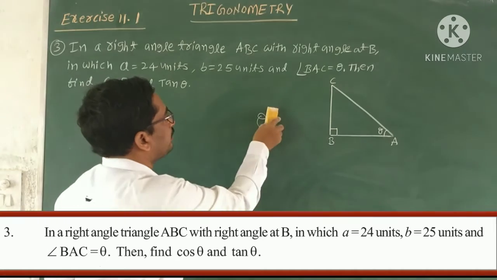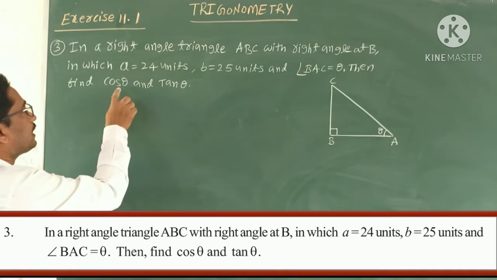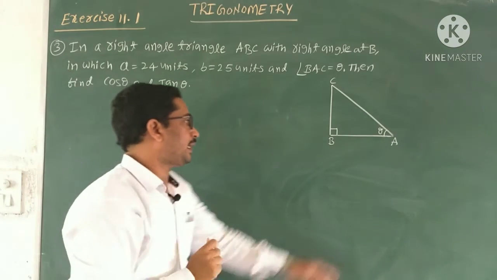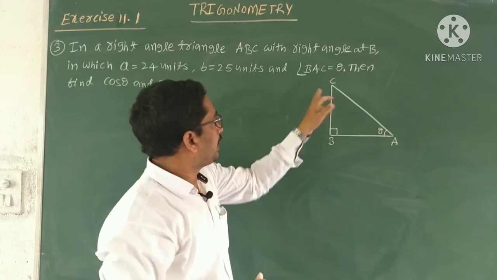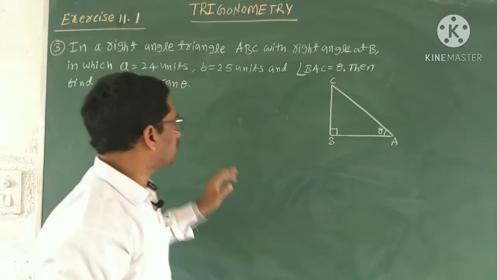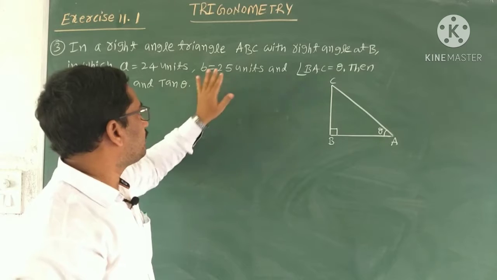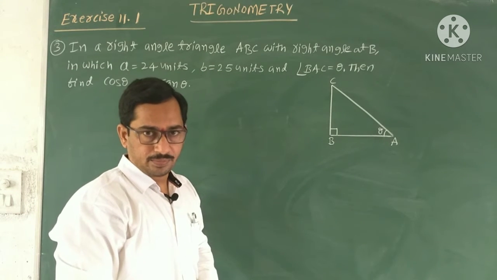So angle BAC is given theta, then find cos theta and tan theta. See here in triangle ABC, right angle at B, and angle BAC is given theta. Next, small a is given 24 units and small b is given 25 units. So how to find out what is small a and what is small b?